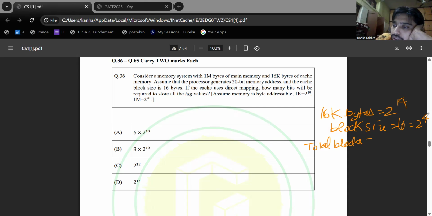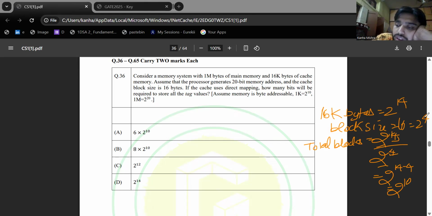We can easily find out by 2 to the power 14 upon 2 to the power 4. When the base is the same, you subtract the exponents: 2 to the power 14 minus 4 is equal to 2 to the power 10, that is 1024 cache blocks. So we know how many cache blocks there are.